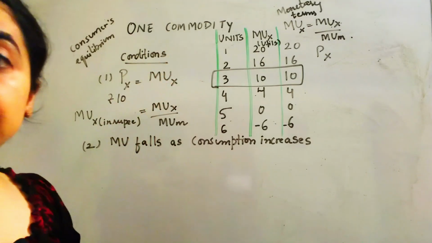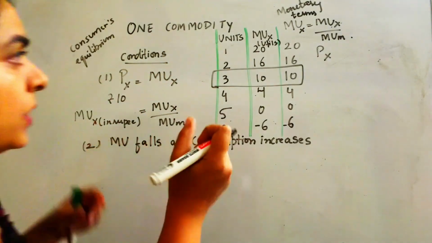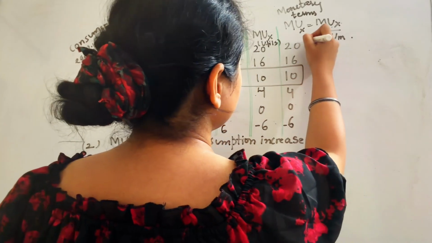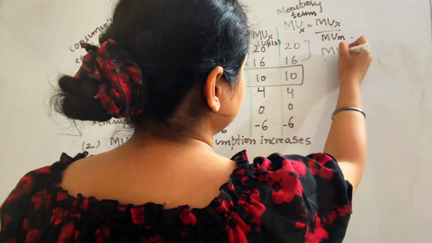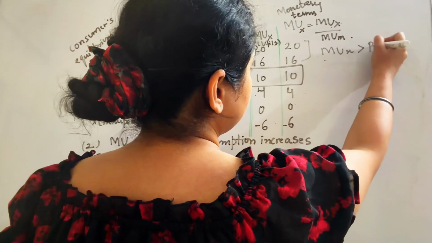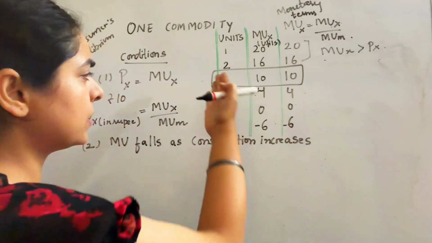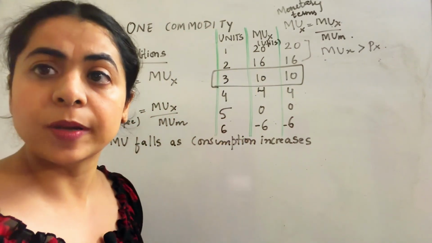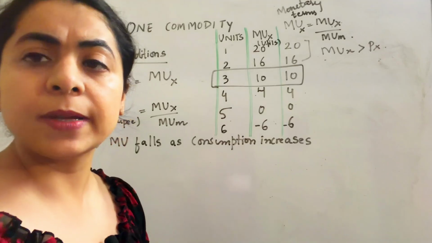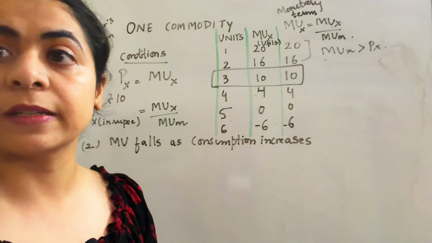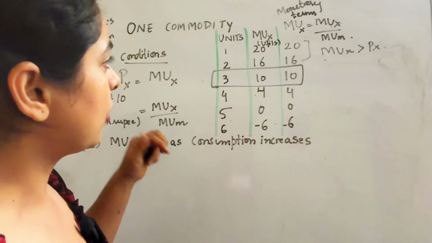Now before this third unit, if we look carefully, marginal utility is greater than the price. So in this case, the consumer will keep on consuming additional units till he attains equilibrium. A question might be asked from this, where they may ask you that if MUX is greater than PX, how the consumer will react.